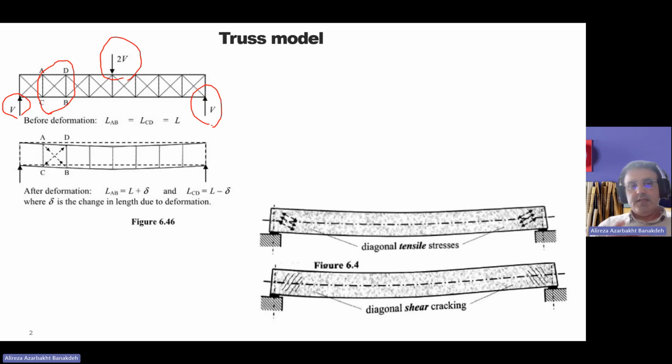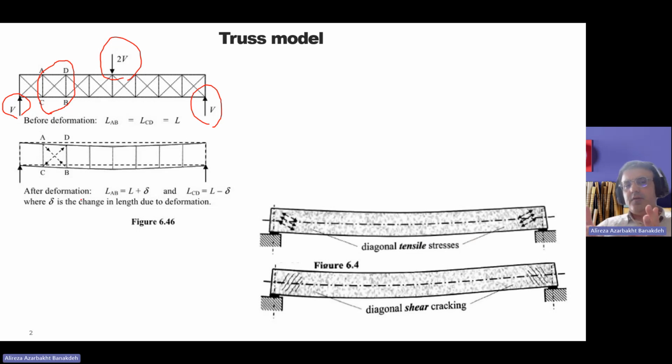We are discussing this. And based on the deflection, because the bottom line will be in tension and the top line is in compression, the element AB will lose some length, but the element CD will gain some length. So the element CD will be in tension and element AB will be in compression.